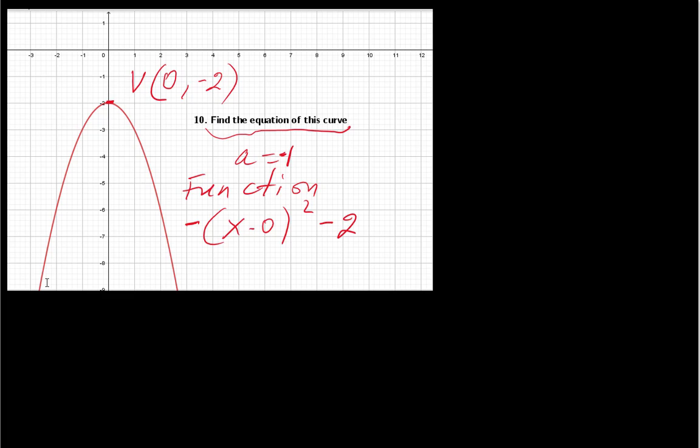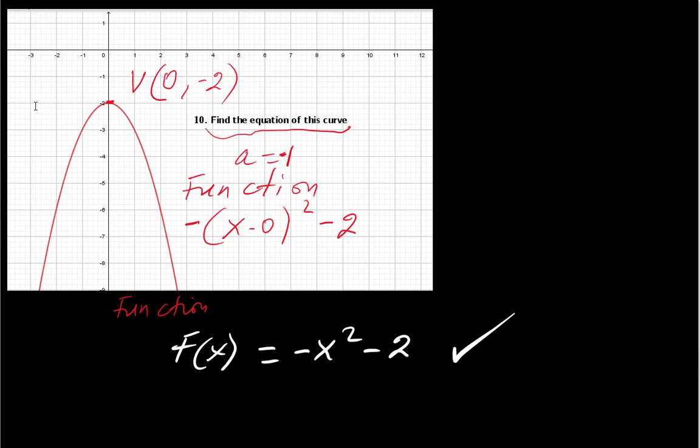So it simply means that the function f of x is equal to negative x squared minus 2. And that's it. That one was very simple.